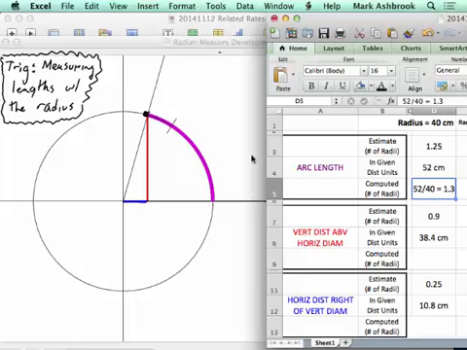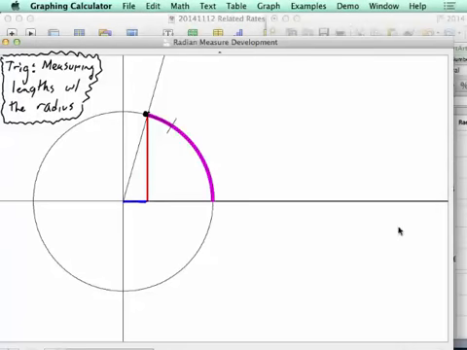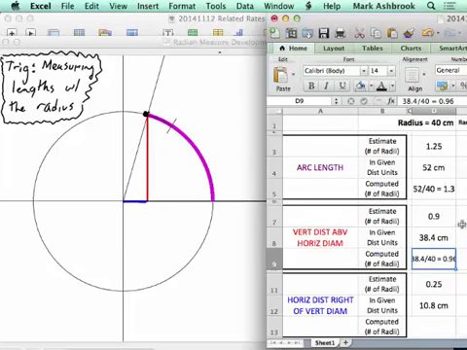Okay, and what did you get for that red segment, the vertical distance above the horizontal diameter? 0.96. Okay, so what is that? That's the length of that relative to the radius.